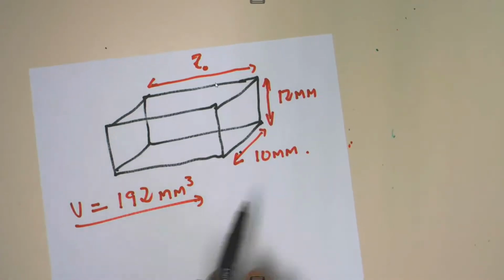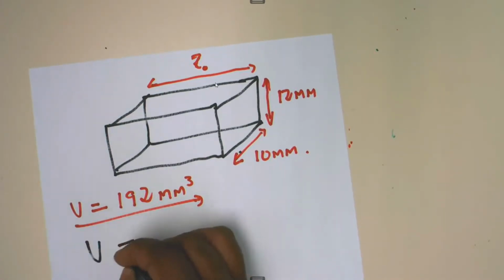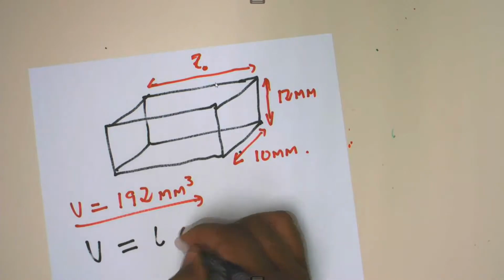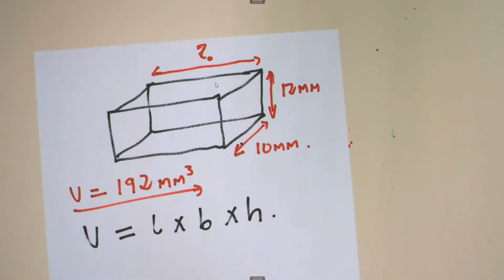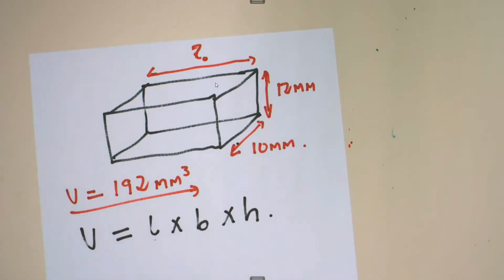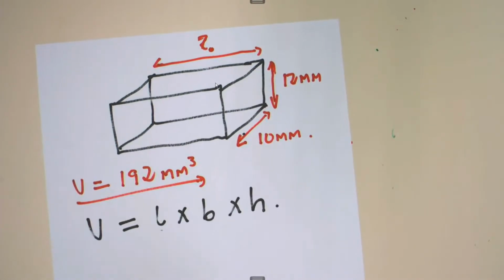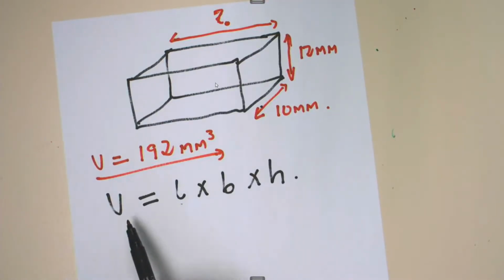But we need our formula. Let's write it. The volume is given as the length multiplied by the breadth multiplied by the height. And we know that the first part is actually the area of the base. Good. Now let us do the substitution. Carefully look at this one.